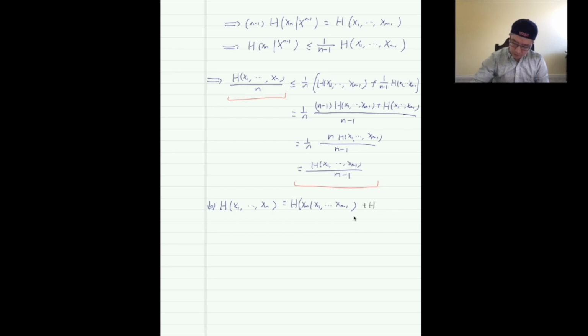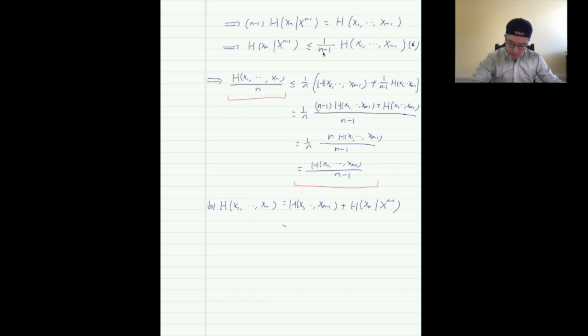Now what we want is a lower bound for the entire term. Recall this one; let's call it star. From this formula that we derived before, we can obtain a lower bound for this term.